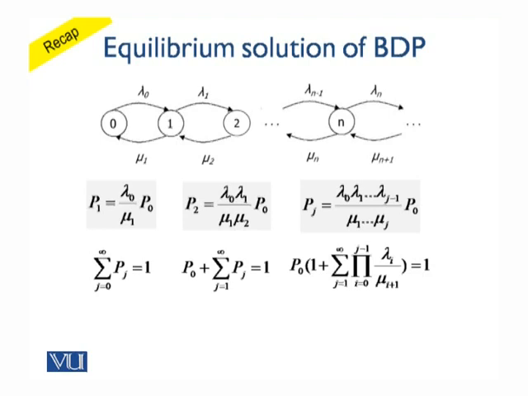And if we use that, we can derive the expression that P naught multiplied by 1 plus summation of j from 1 to infinity, the product of i equal to 0 to j minus 1, the ratio of lambda i divided by mu i plus 1, should be equal to 1. So we have all that we need. We can find out the value of P naught, and from that we can find out the values of Pj. We just need to know the lambda i's and the mu i's.